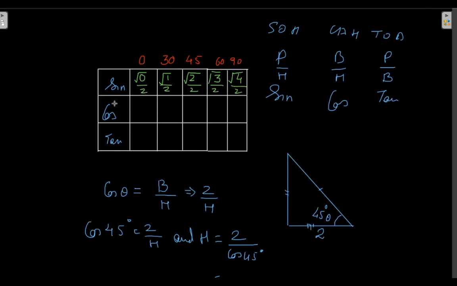Now, in case of cos, just write it in reverse: 4, 3, 2, 1, 0. And again, just like we did in sine, put an under root over it, and then divide this also by 2.